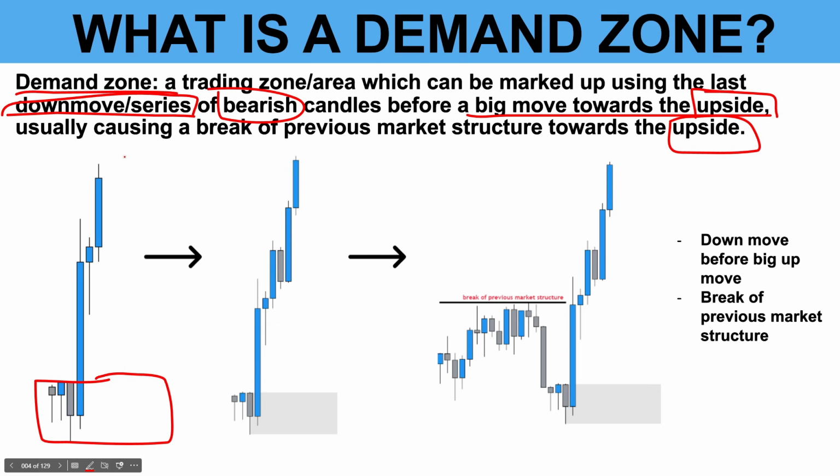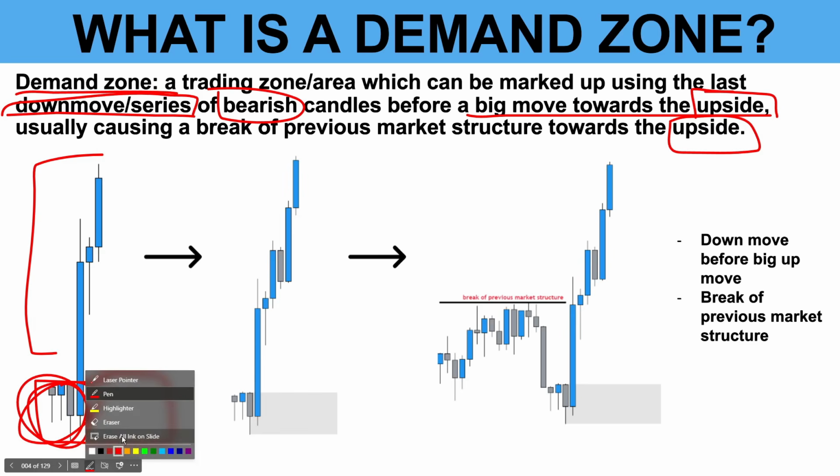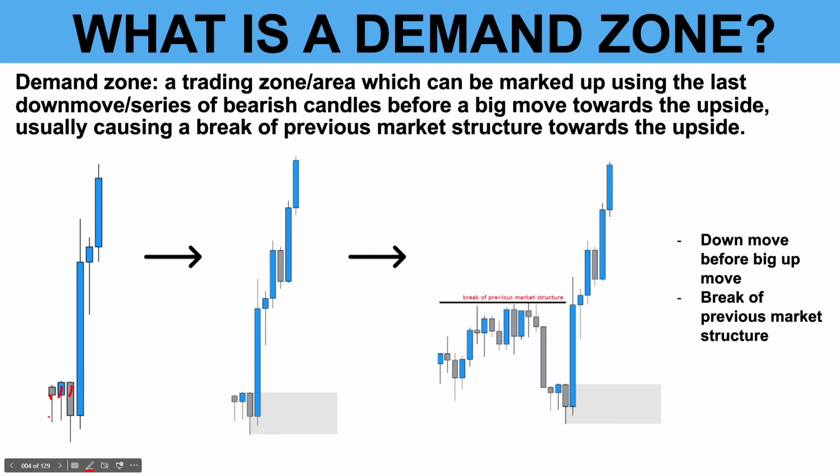Because we have the big up move right here. And what is the last down move before this big up move happened? It is this demand zone right here, which is the last series of bearish candles. As you guys can see, 1, 2, 3, all of these candles is the last down move / the last series of bearish candles. So step 1 done.